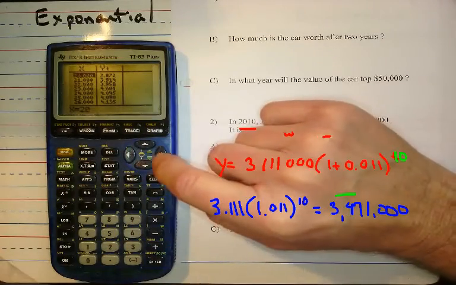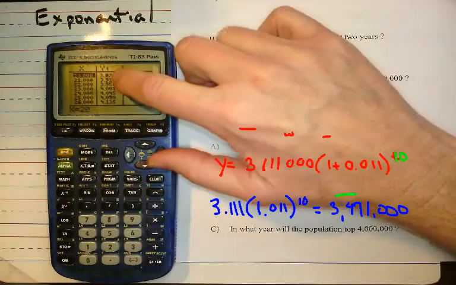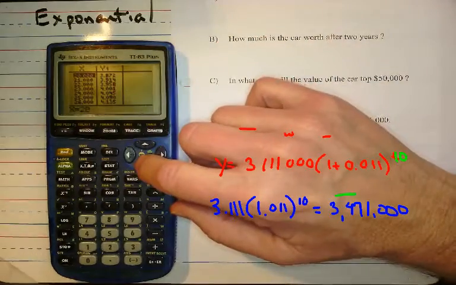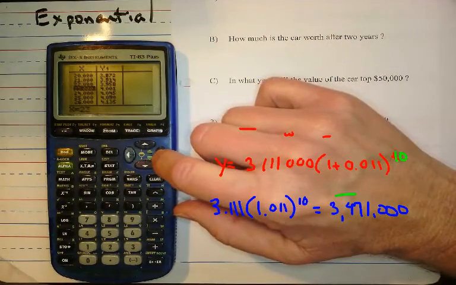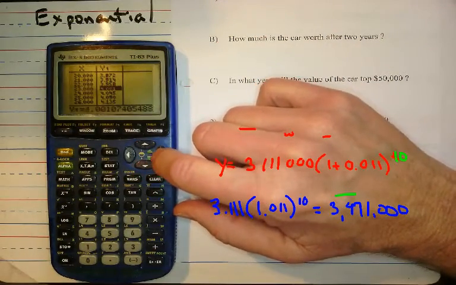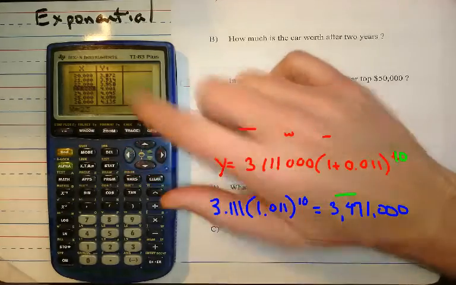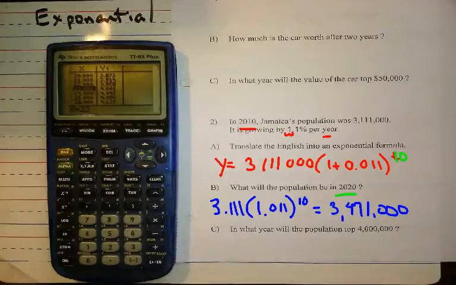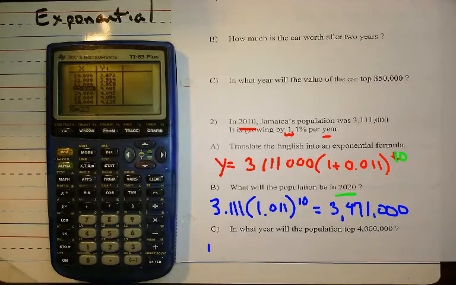Now I can see at 20, I was 3.8, then 3.9, 3.9. Aha! When was the first year it was above 4 million people? Right there, 4.001.